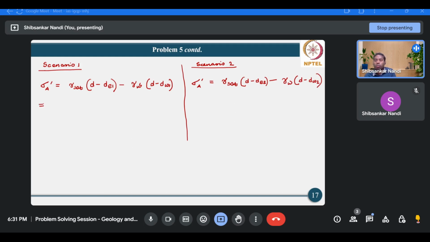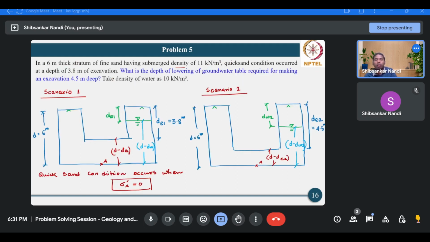The submerged density is given as 11. So what would be the saturated density?